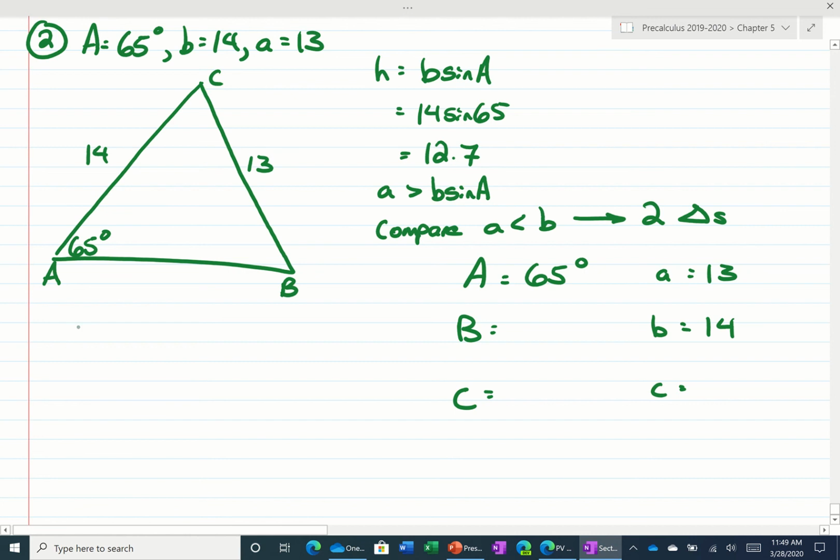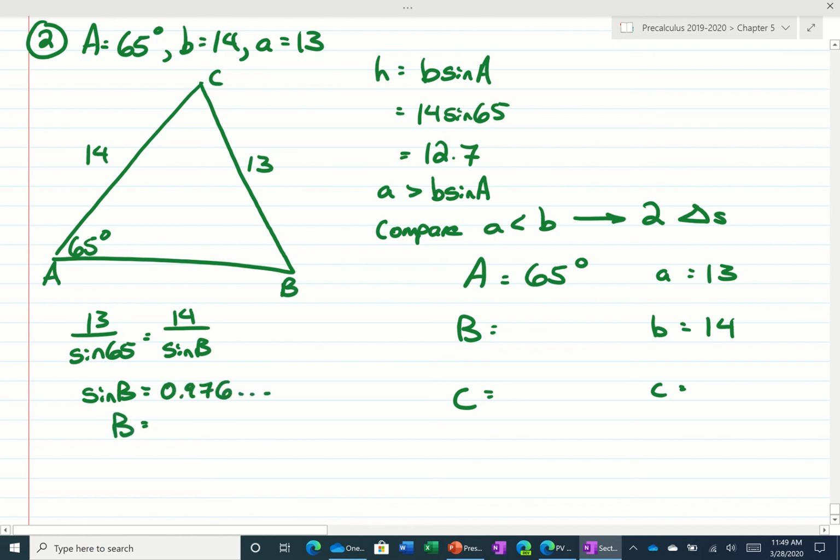I'm going to do my law of sines, where I write side A over the sine of angle A is equal to side B over the sine of angle B. And if we cross multiply and divide, I'm going to do 14 times the sine of 65, and I'm going to divide that by 13. This comes out to 0.976.